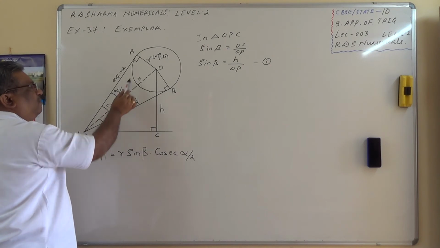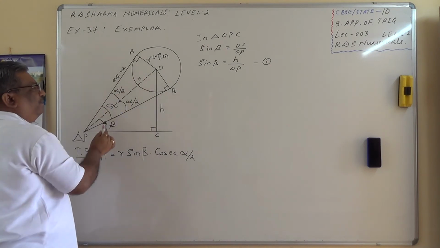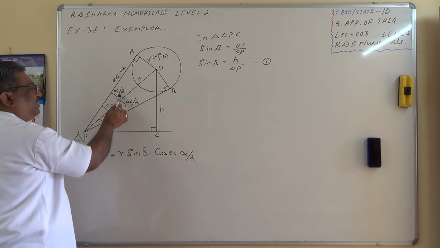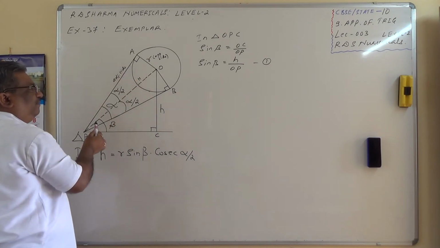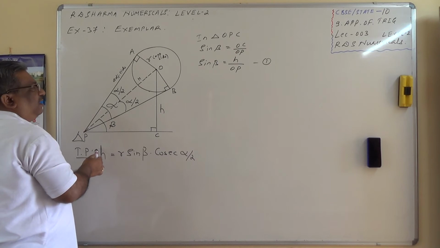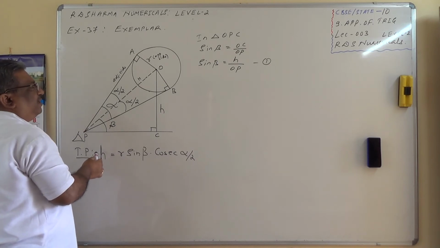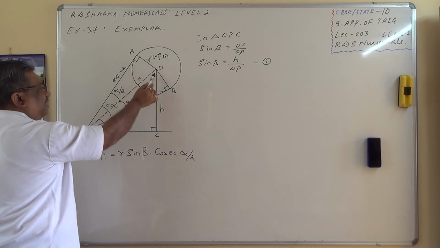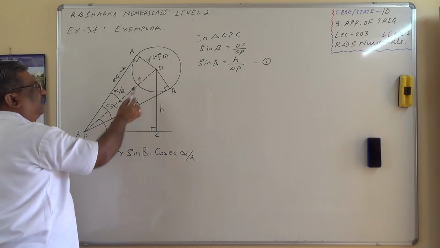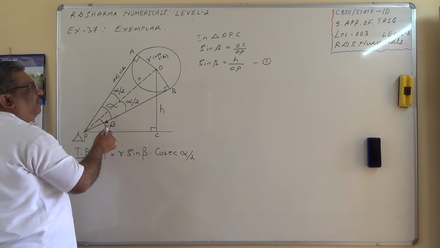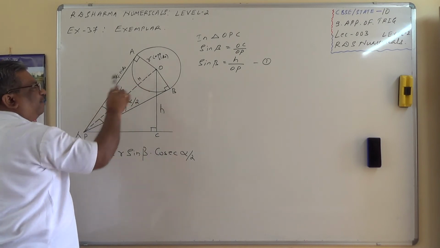Opposite to alpha by 2 is the opposite side OA, and adjacent to this angle is the adjacent side. Let me take the relation that contains R and OP, opposite and hypotenuse.